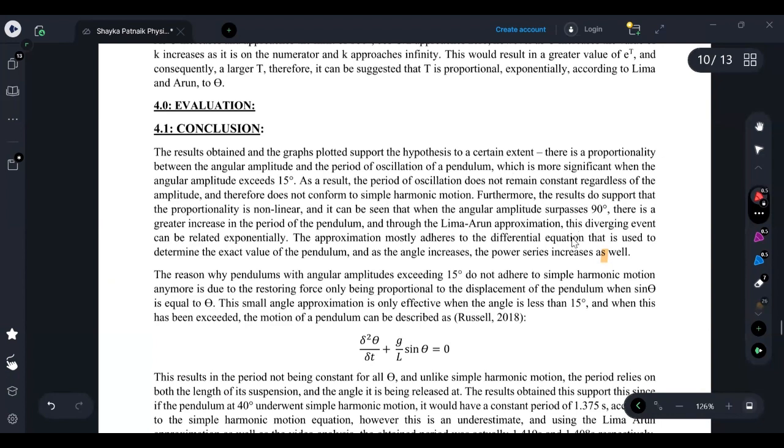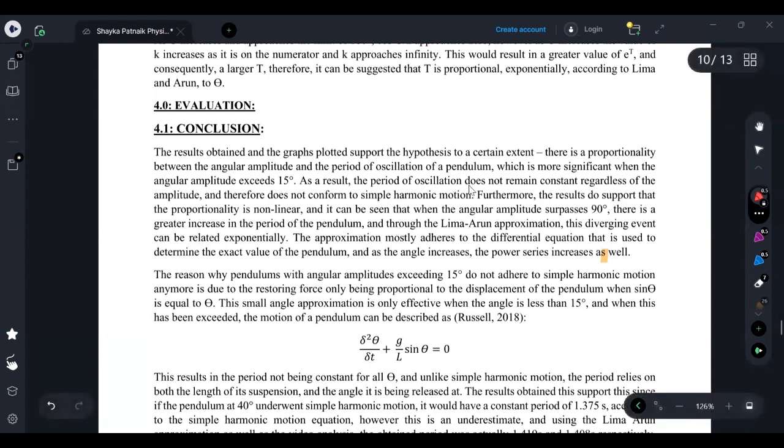The markers can always go back to your results and data processing section and look at your graphs and your raw data to see if there's a relationship. But you definitely do want to summarize your results and talk about them in terms of your investigation and your research question.